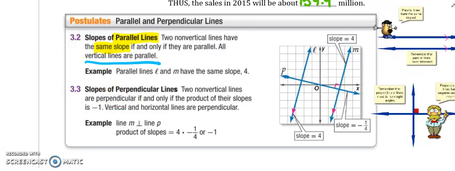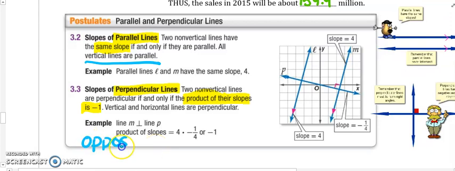The second thing is if they're perpendicular, and there are two ways to think about this. Their slopes are going to have a product of -1. What that means is that they are going to be opposite reciprocals. Sometimes you'll hear negative reciprocals.